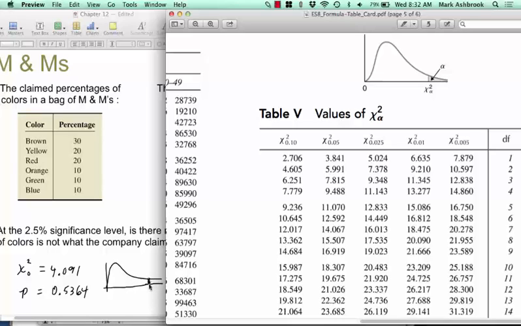Critical value, 12.8. Test statistic, 4.